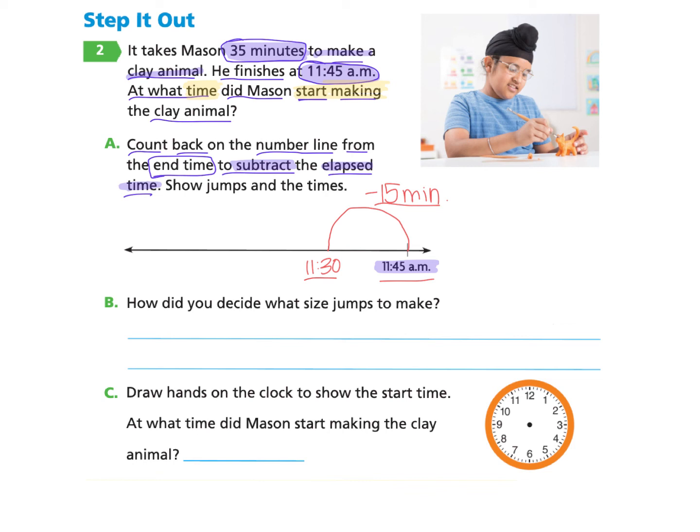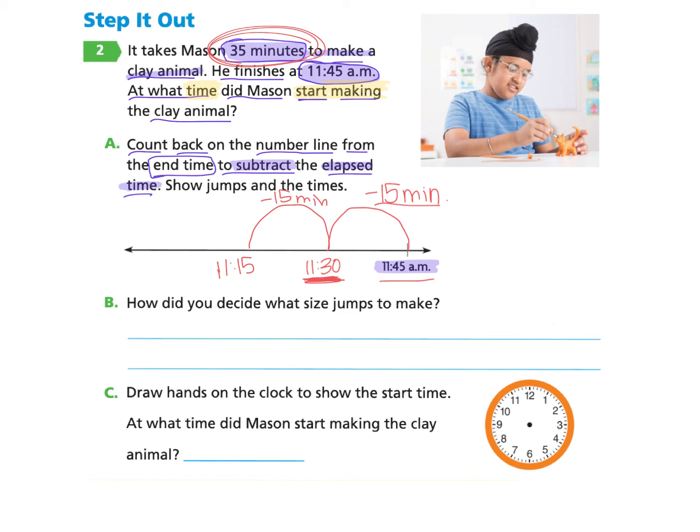But I still have more minutes because I know there are 35 minutes. So I'm going to make another jump of 15 and take away 15 minutes from 11:30. And when I take 15 minutes away from 11:30, I will arrive at 11:15.